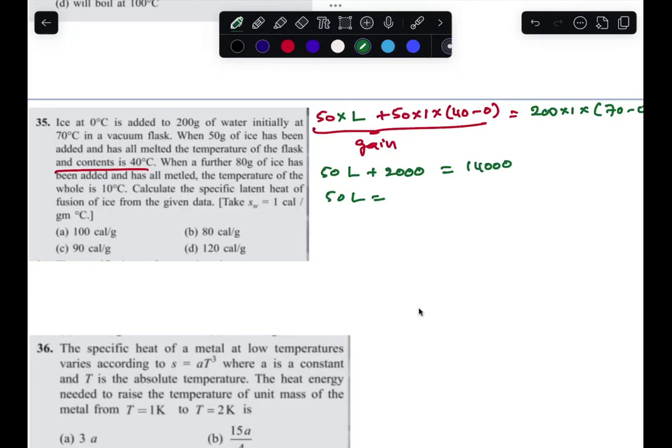So L finally is 84 into 10 to the power of 3 joule per kg, or 84 kilojoule per kg. Easy. Just focus on this part. Because remember, this part is latent heat of fusion, not latent heat of vaporization. Right. Next thing.